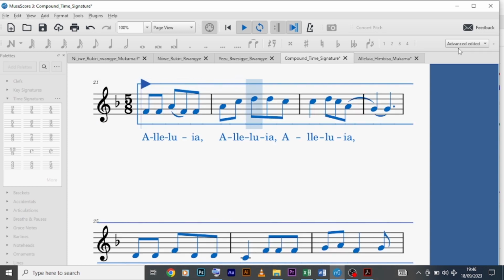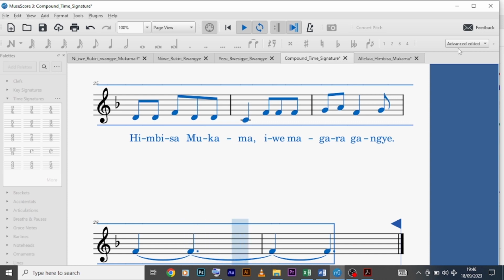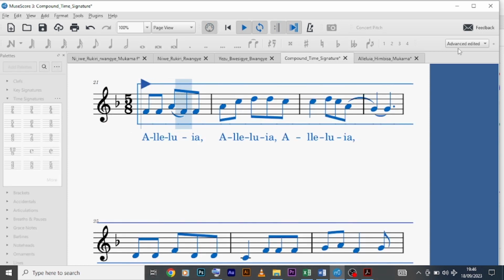Alleluia, Alleluia, Alleluia. Himbisa Mukama iwe magara ganje.